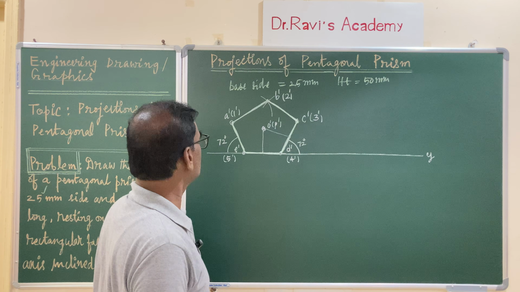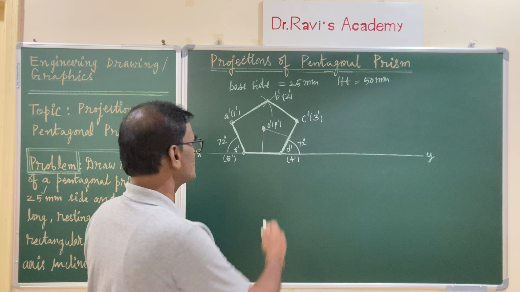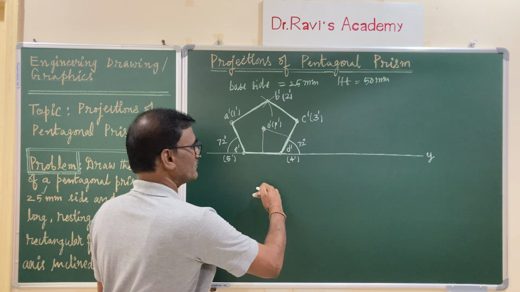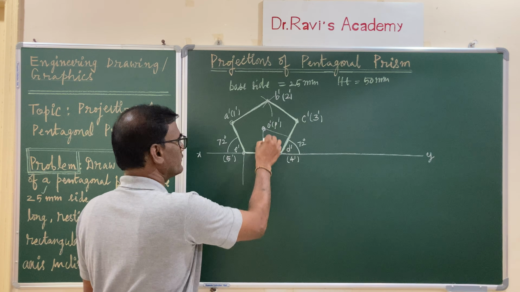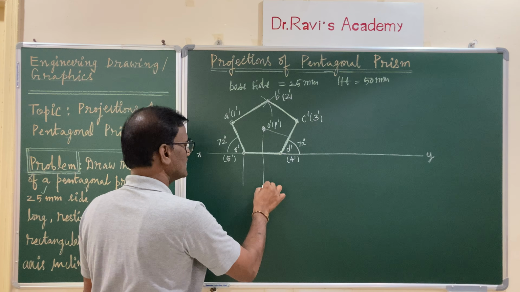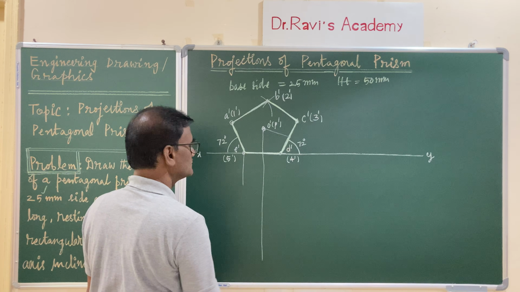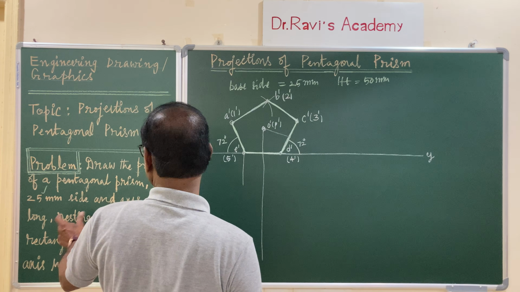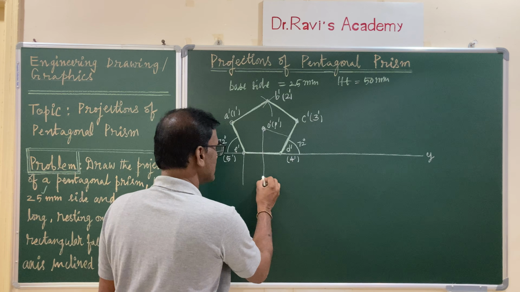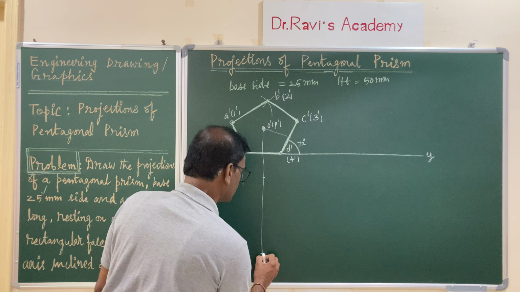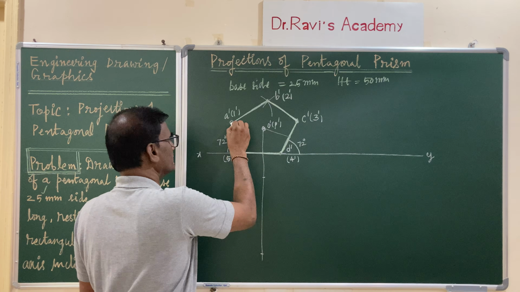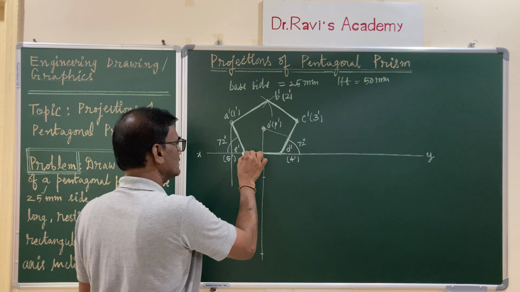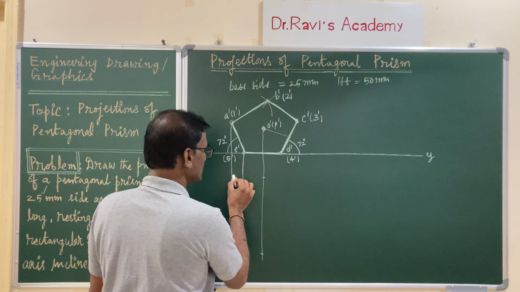And draw the projectors from each corner. So at a convenient distance from XY, first draw the axis line, right? And measure here the height, which is given as 50 mm. At random you can take the height as 50 mm. This is 50 mm. And draw the projectors from all the corners and erect a perpendicular line.